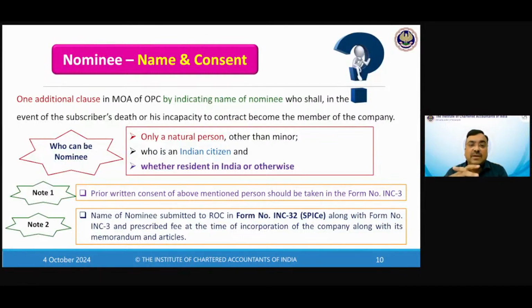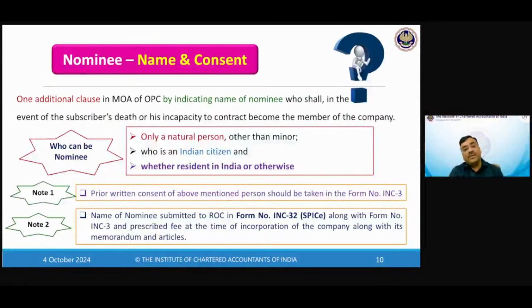So the nominee will become the member of the company in case of the subscriber's death or his incapacity.